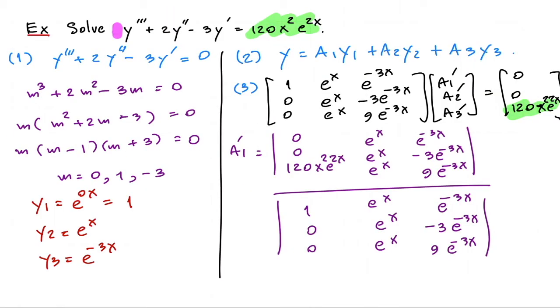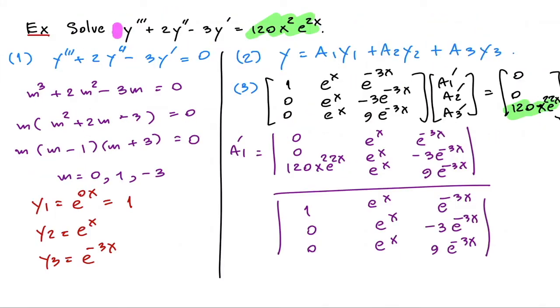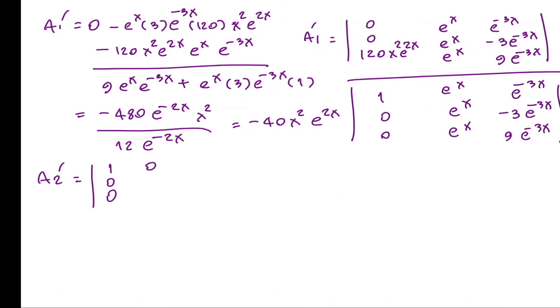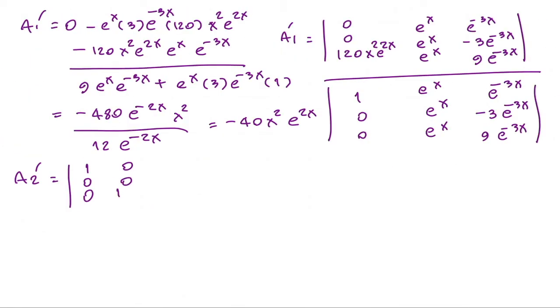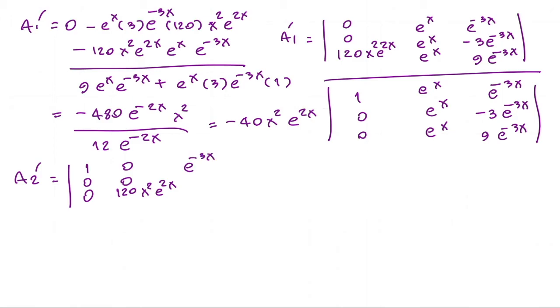What is it? 100, 120 x squared e to the 2x, and then we have e to the minus 3x, minus 3 e to the minus 3x, 9 e to the minus 3x, divided by 12 e to the minus x. It's the same, right?